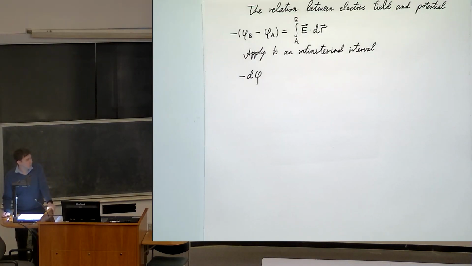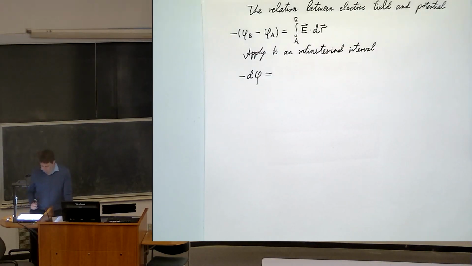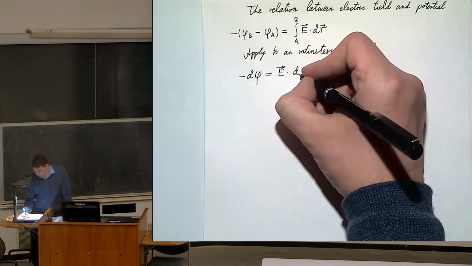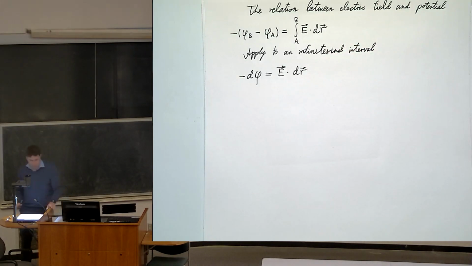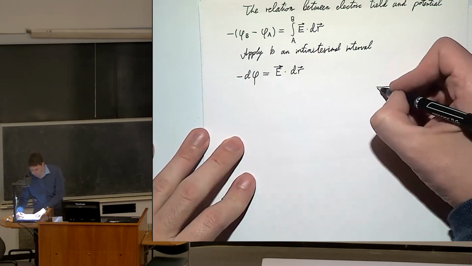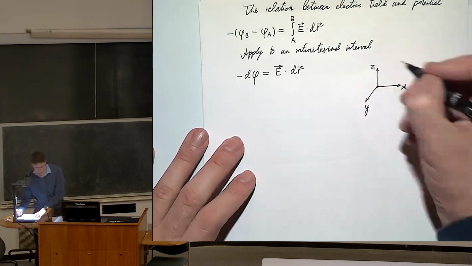The differential is an infinitesimal change of a quantity on an infinitesimal interval, and that equals E dot dr, and that allows us to find the electric field from the electric potential. It will be convenient to introduce some coordinate system x, y, and z.